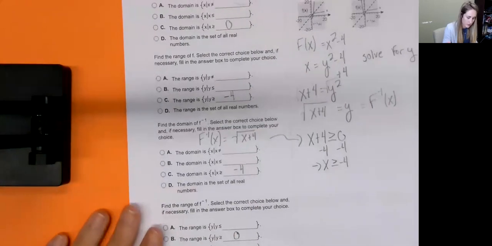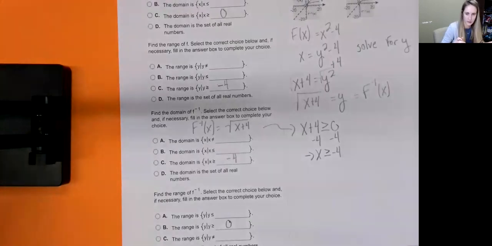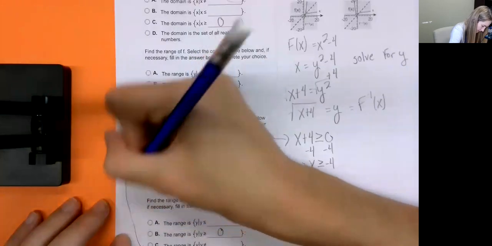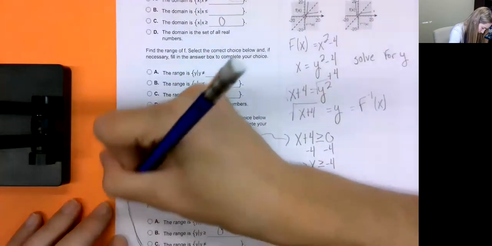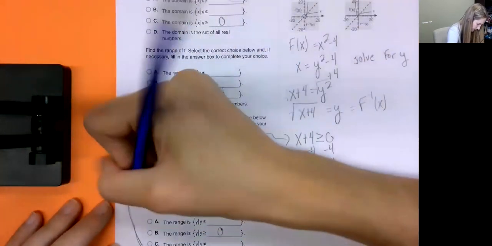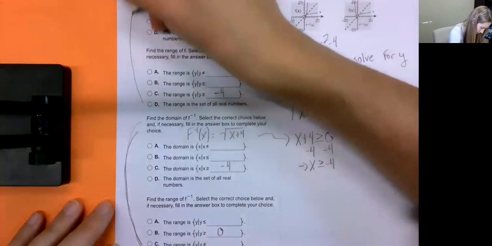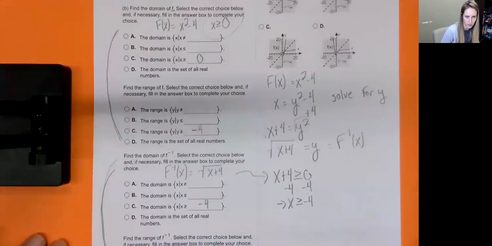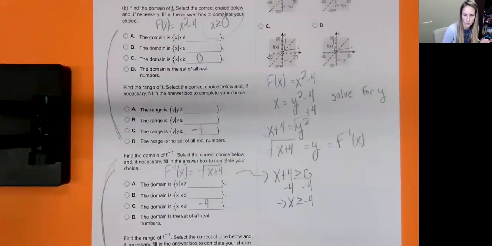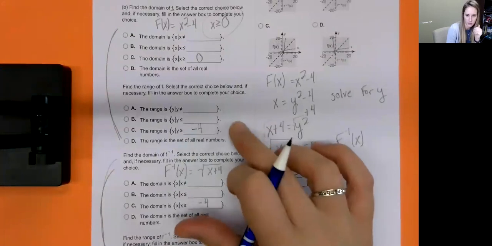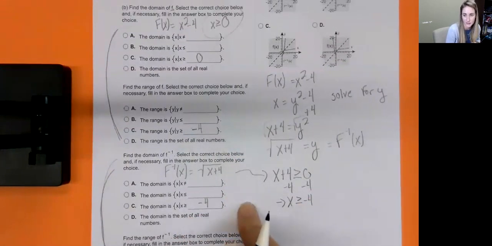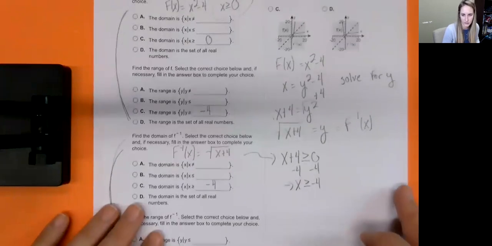And what I want you to notice on this one is that the domain and range of the inverse are the opposite of the domain and range of our normal function. So where our range was greater than or equal to -4, our domain on the inverse is greater than or equal to -4. Getting tongue-tied.